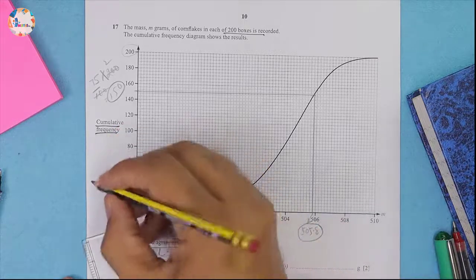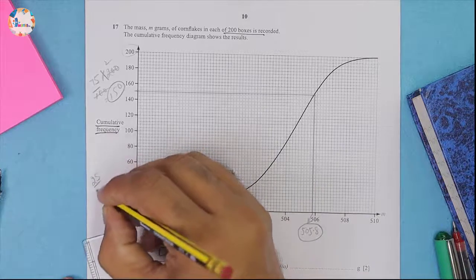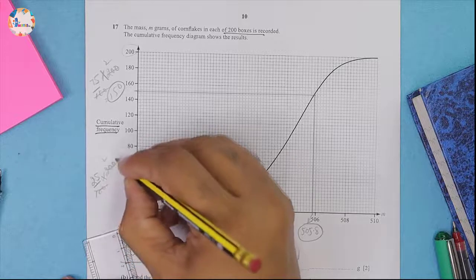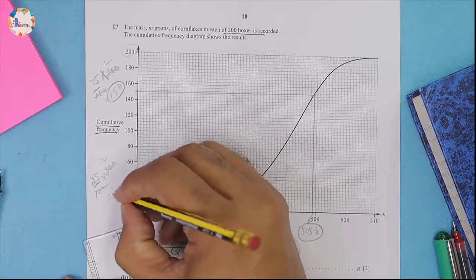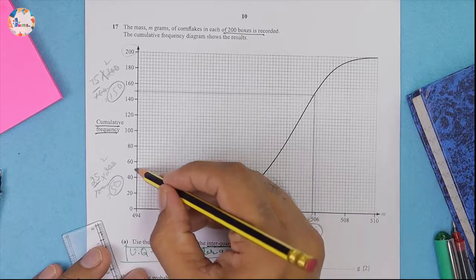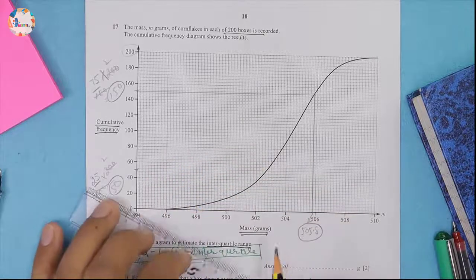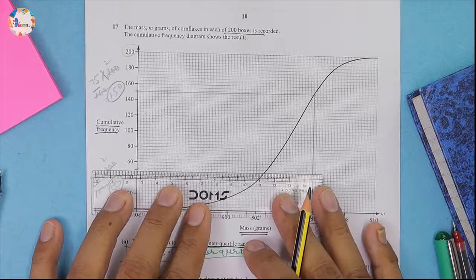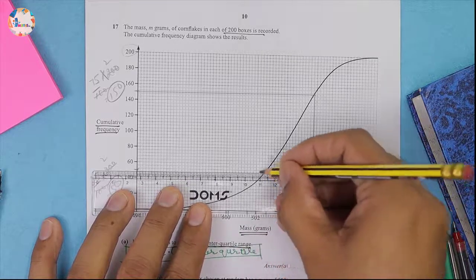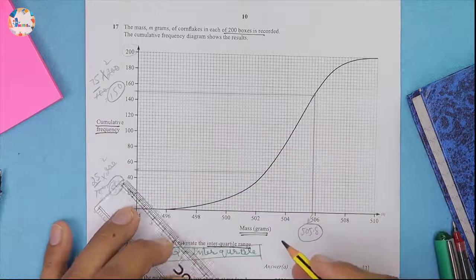Now we can check for the lower quartile. The lower quartile will be the 25th percentile of 200, and this will cancel, so 25 into 2 will be 50. So we'll check for 50, and 50 is in the middle of this one, so we can check the reference for 50, and the reference for 50 will be this.